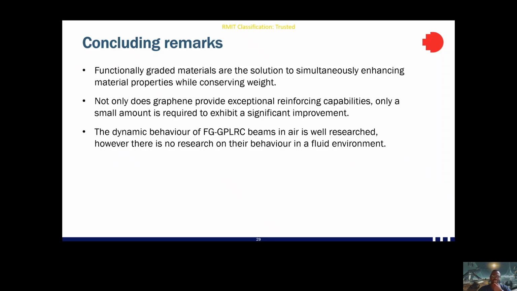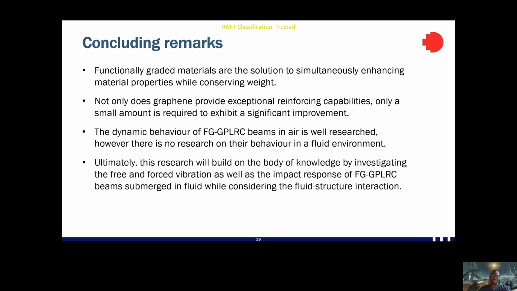However, there's no research on these types of beams in the fluid environment. Ultimately, this research will build on the body of knowledge by investigating the free and forced vibration as well as the impact response of functionally graded graphene reinforced beams submerged in a fluid while considering the fluid structure interaction.